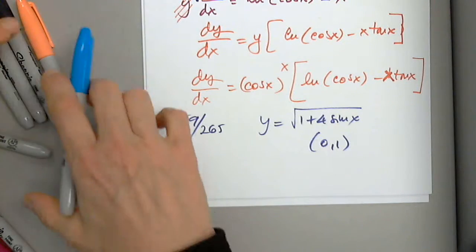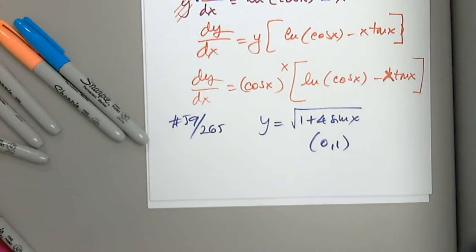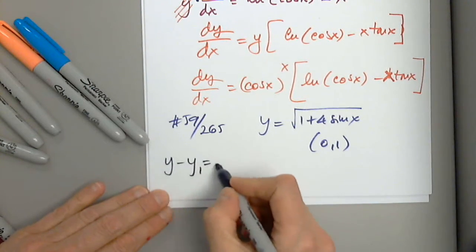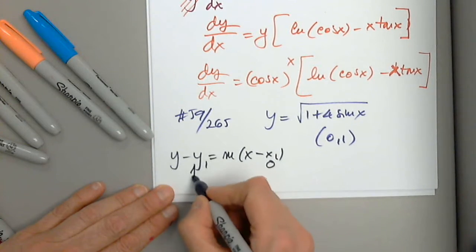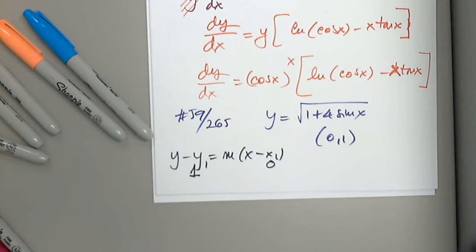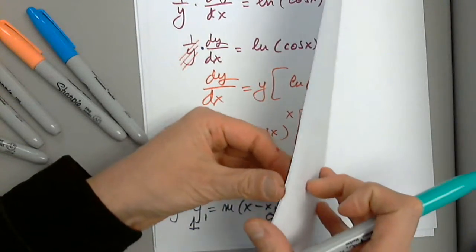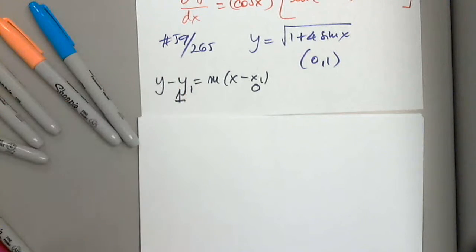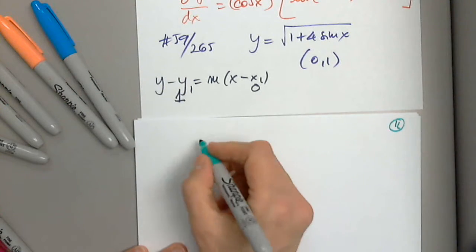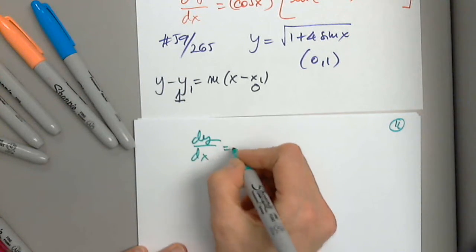Any suggestions? Yes, so it's going to be y minus y1 equals the slope times x minus x1, where 0 and 1. Good? Differentiate y. Yes, I have to find the slope. In order to find the slope, I have to find y prime or dy over dx, whichever you prefer. So dy over dx equals.